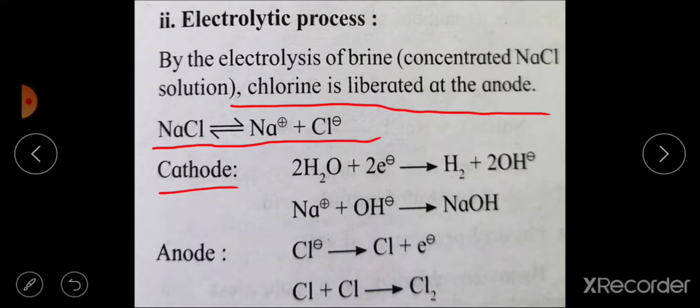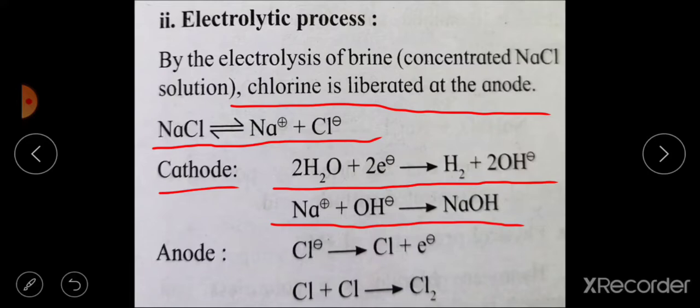At the cathode, 2 H2O molecules gain 2 electrons to form H2 hydrogen molecules plus 2 OH minus ions. These OH minus ions then react with sodium ions to form NaOH.